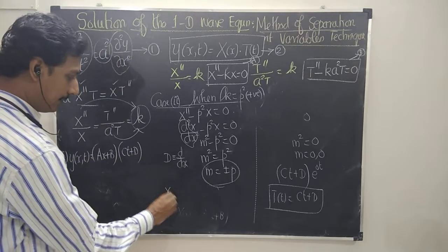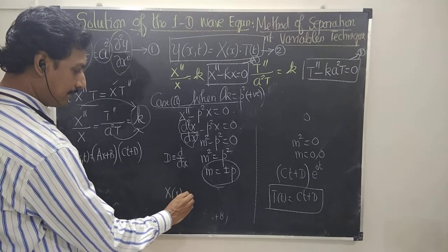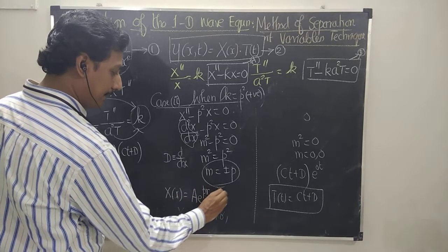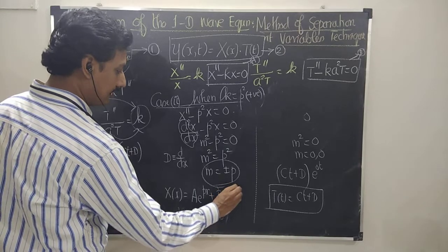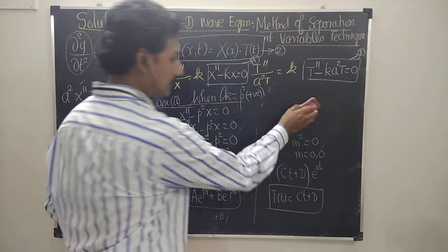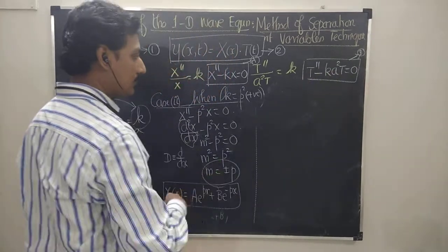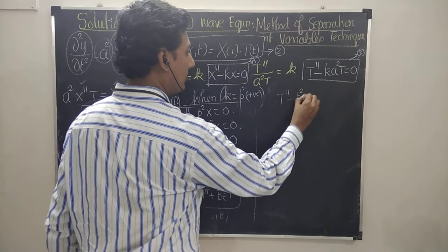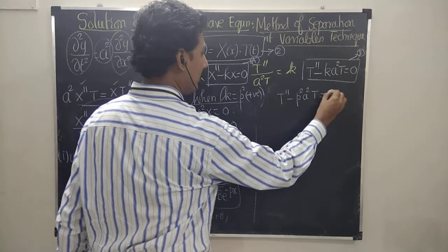So what is the complementary function? For X, it is a e to the power px plus b e to the power minus px. What about the T now? So equation number b becomes, when k is positive, T double dash minus p squared a squared T is equal to 0.